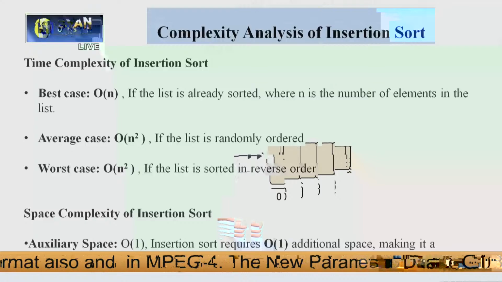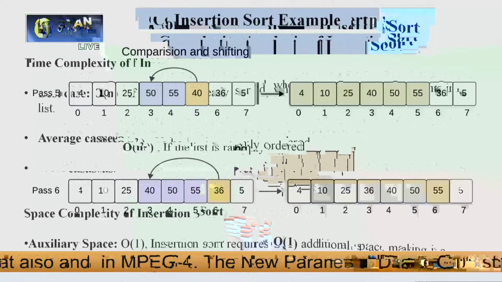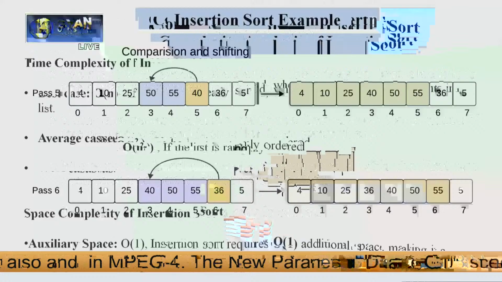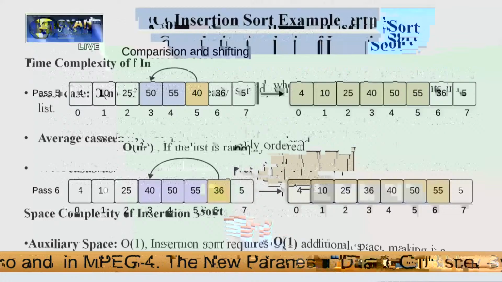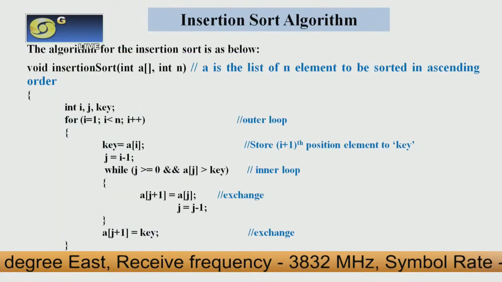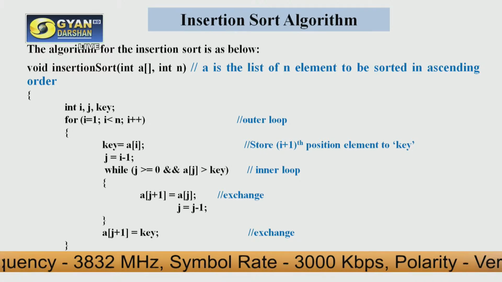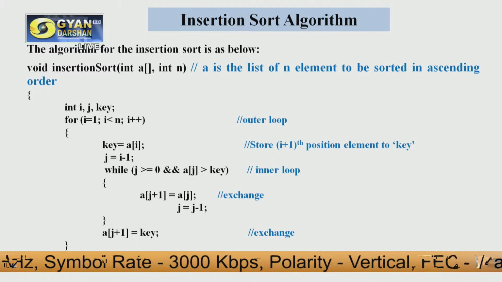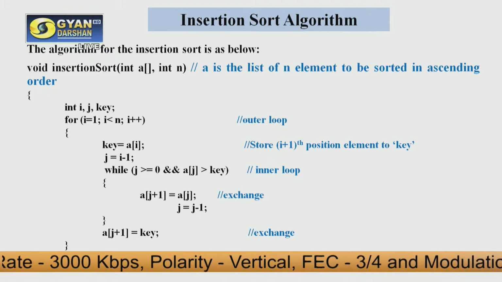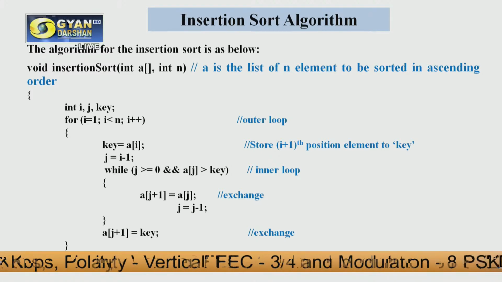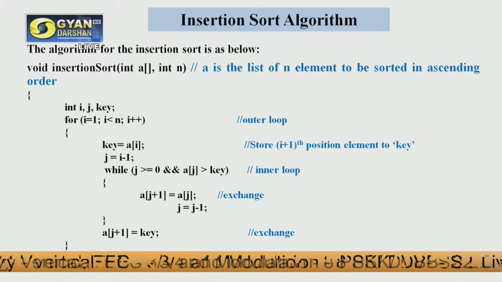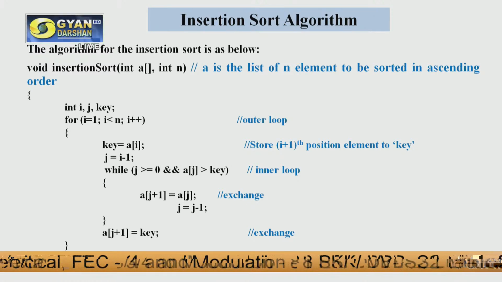So if we go to the algorithm, we see that in the insertion sort algorithm, there are two loops. One is the outer loop and another is the inner loop. So how many times is the outer loop executed? Starting from 1 till less than n. If we have n number of elements, it is going to be executed n minus 1 times.